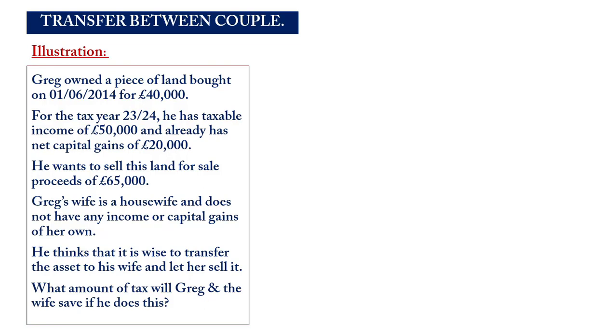Now, Greg's wife is a housewife and does not have any income or capital gains of her own. Greg thinks that it is wise to transfer the asset to his wife and let her sell it. So, what amount of tax will Greg and the wife save if he does this?